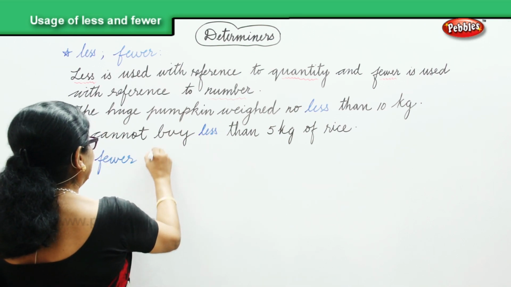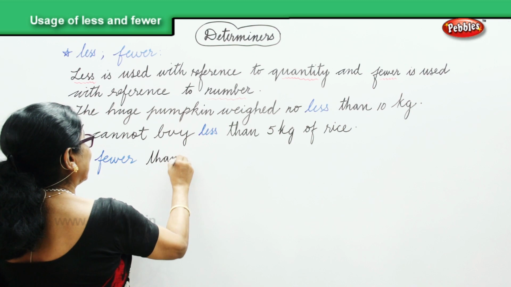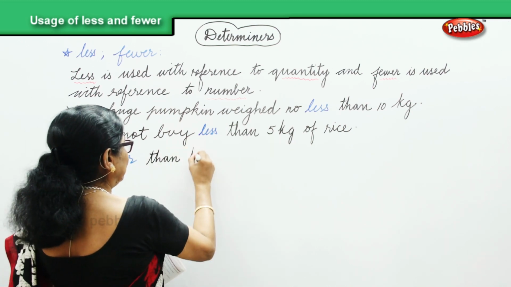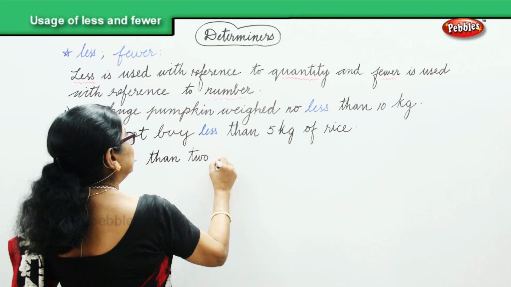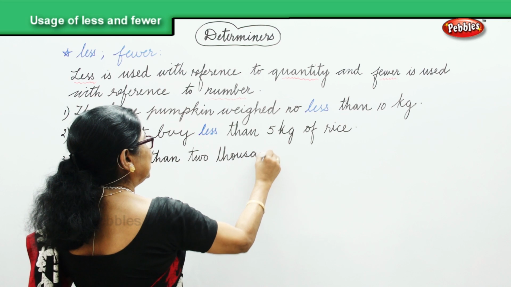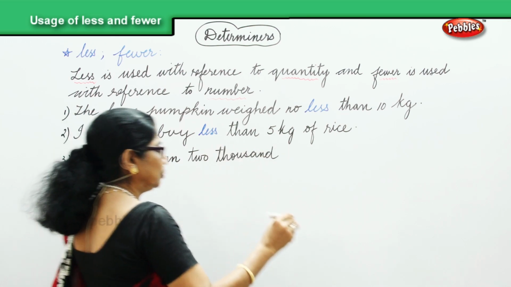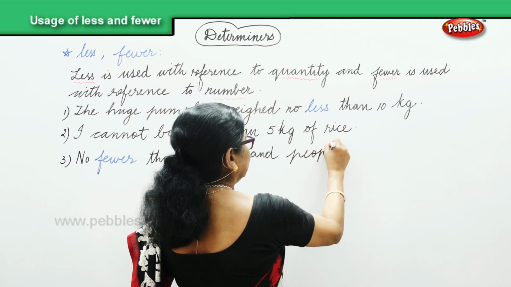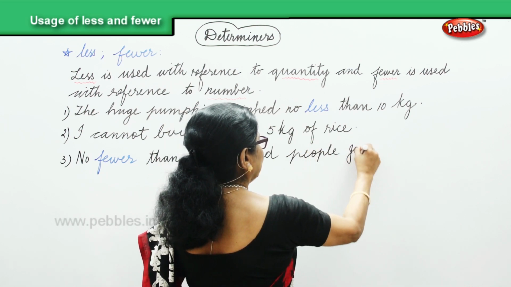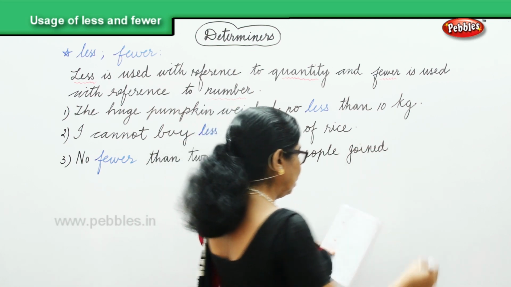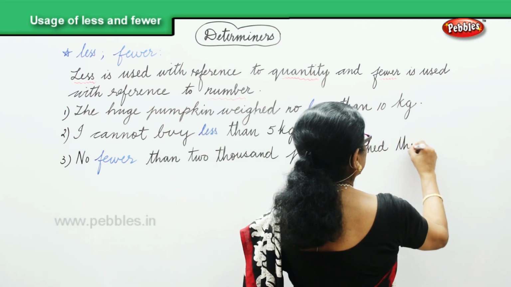Here we are talking about the number. 2,000 people joined the party or joined the strike.